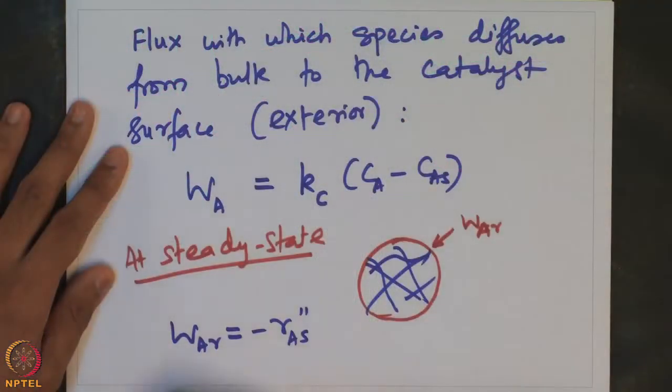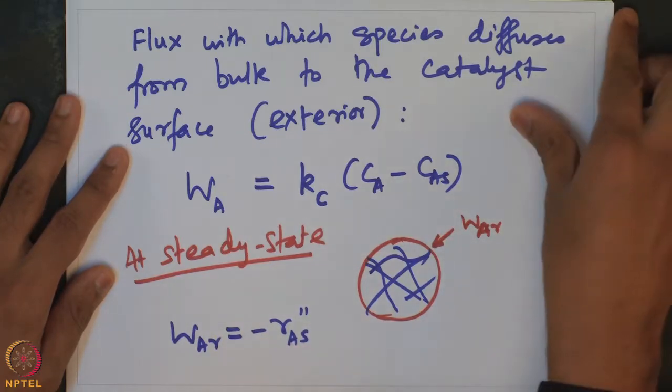This is not an incorrect assumption, because the surface reaction may be very fast, and therefore the reaction would happen at the exterior catalyst surface, and so the flux with which the species comes to the catalyst surface is equal to the rate at which the reaction happens per unit area of the catalyst surface.